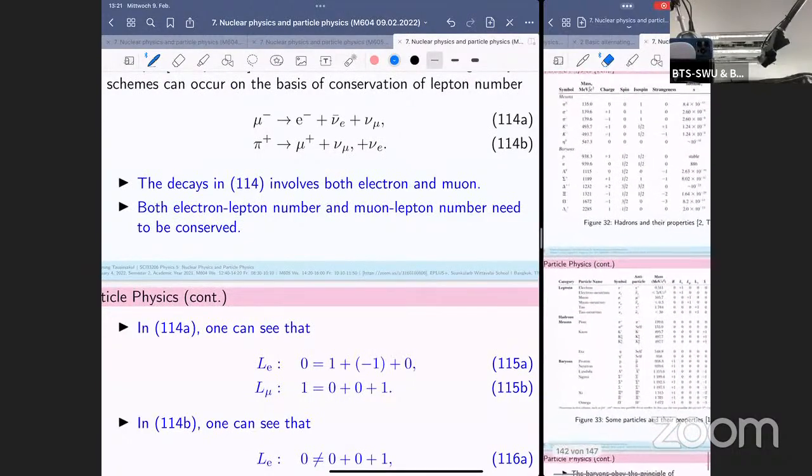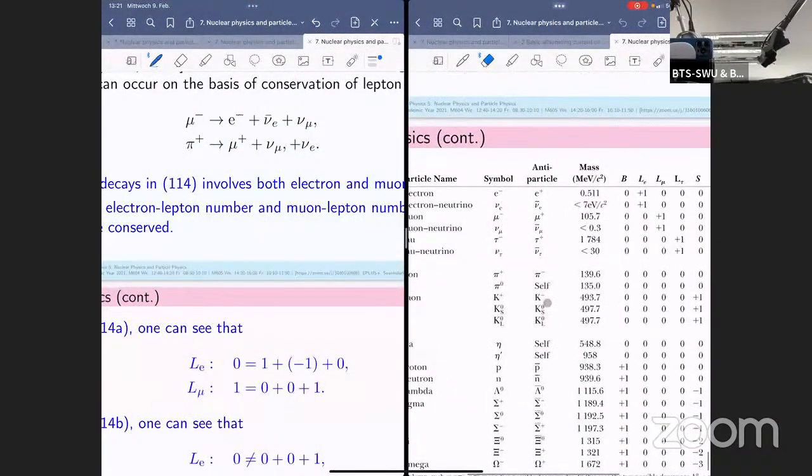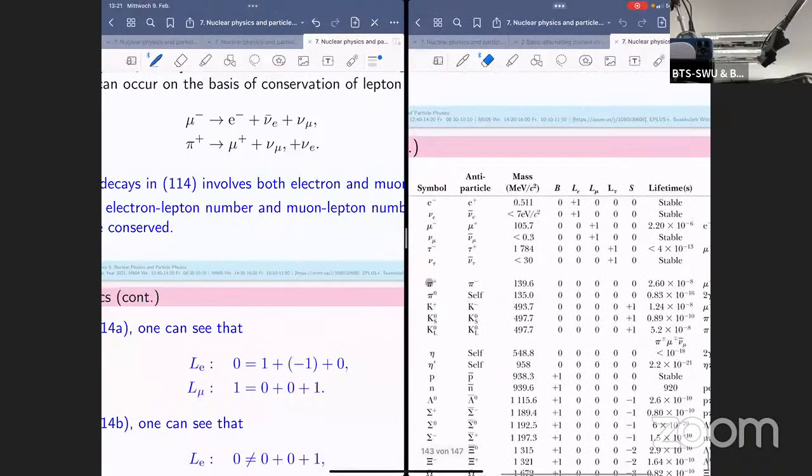Pion plus is right here. Pion plus has 0 leptons, for electron or muon or tau, because it's a hadron, it's not a lepton.